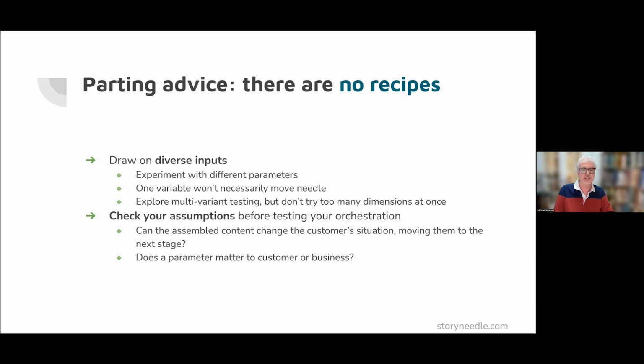But when we can start changing multiple variables, we can potentially achieve a lot more impact. So we can do some multivariate testing, but we obviously don't want to try to change too many things at once, or else it gets very hard to see what is making a difference there.